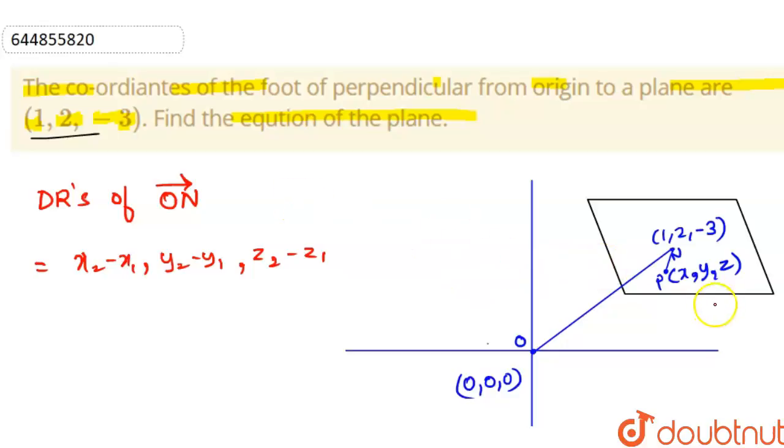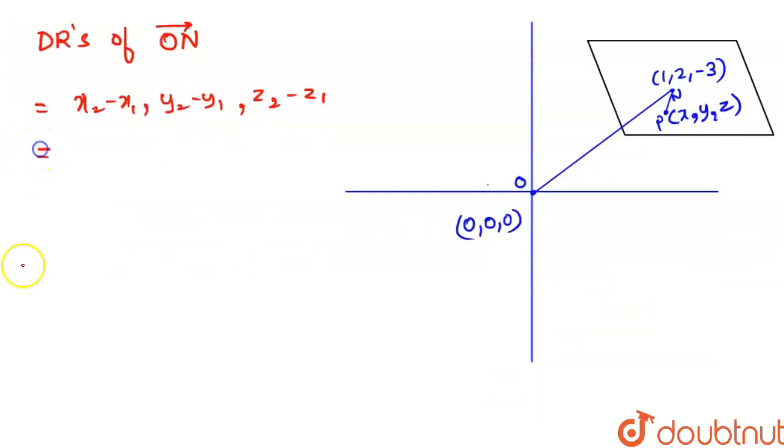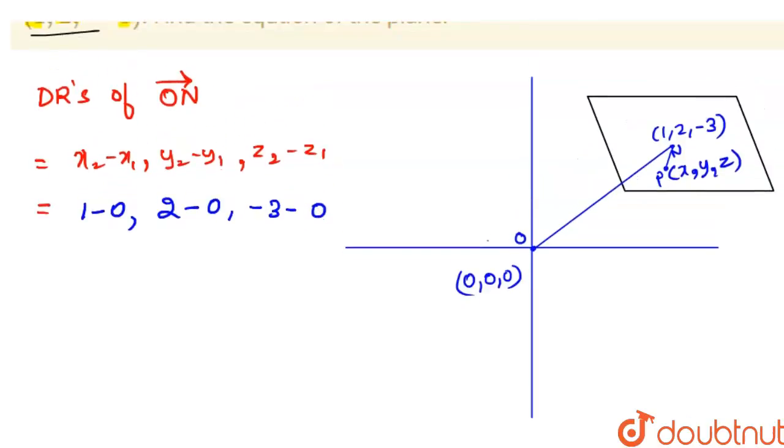So here we subtract 0 from 1: 1 minus 0 for the x-axis, then 2 minus 0, and then -3 minus 0. This will be our direction ratios for the perpendicular, which are 1, 2, and -3.